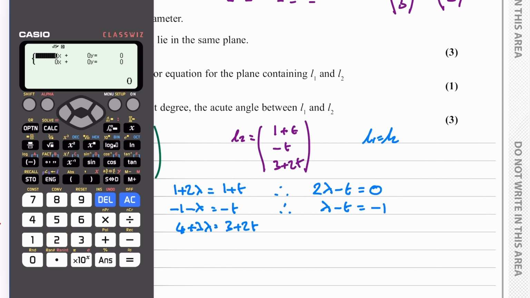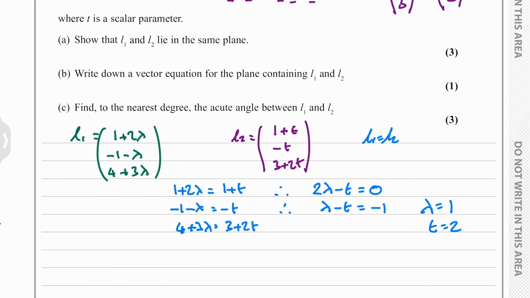Our x would be lambda, so 2, -1, constant of 0. Then we'll have a coefficient of 1 and -1 with a constant of -1. So lambda will be equal to 1 and t will be equal to 2.